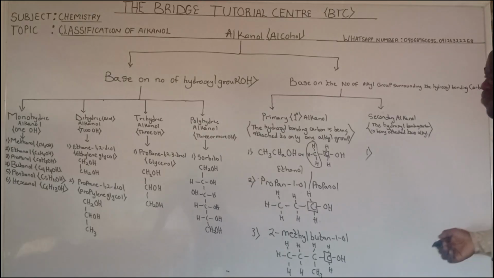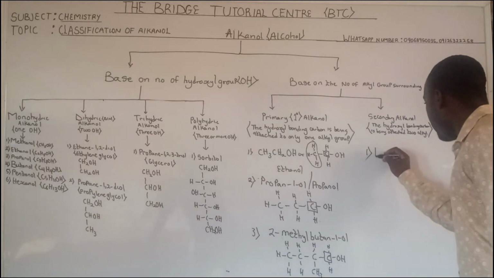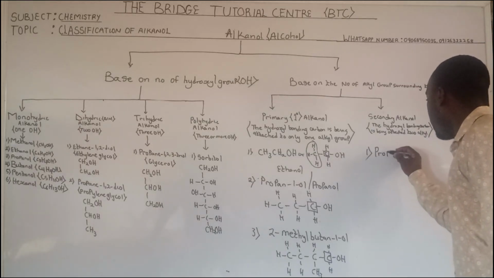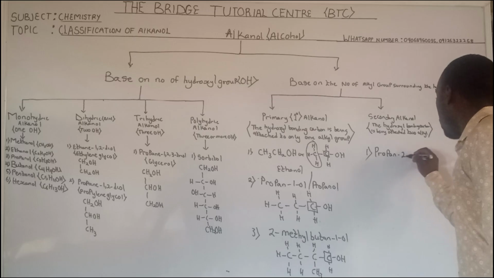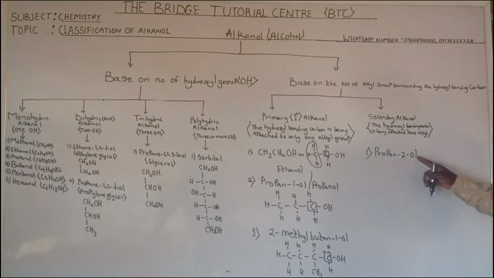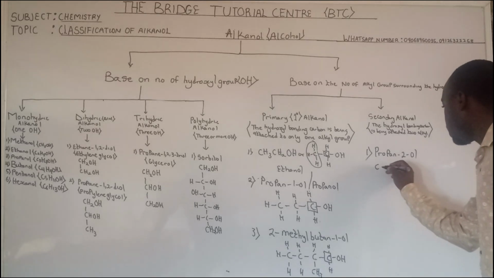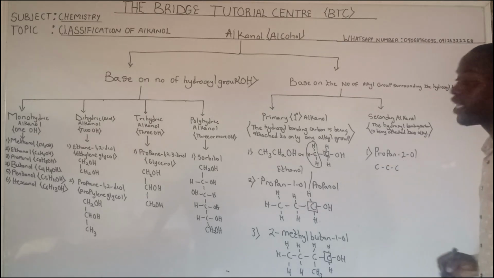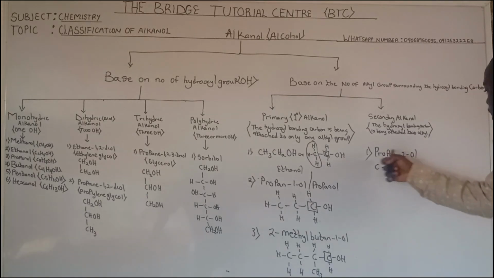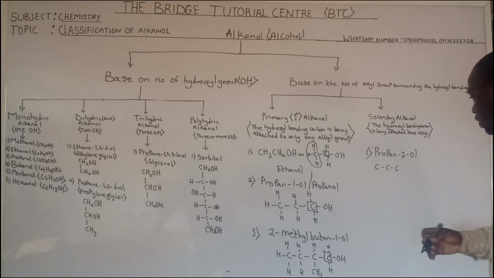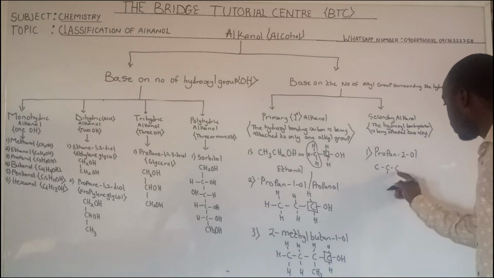Okay, let's assume we have propan-2-ol. Don't forget, 2-ol simply indicates the O, which is OH, or hydroxyl group, is on carbon number 2. So now let us draw it. Propan-2-ol. The first thing you draw is your propane. So we have C, like this. Carbon number 2, there is OH. So let's say this is carbon number 2.